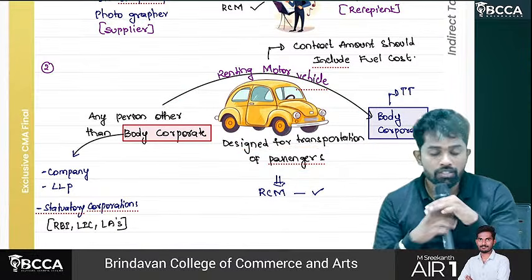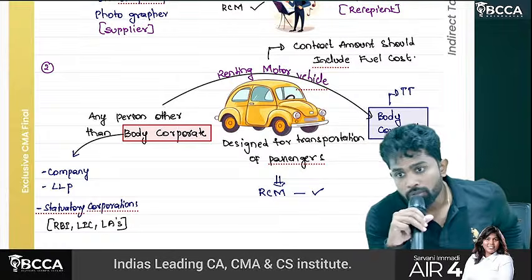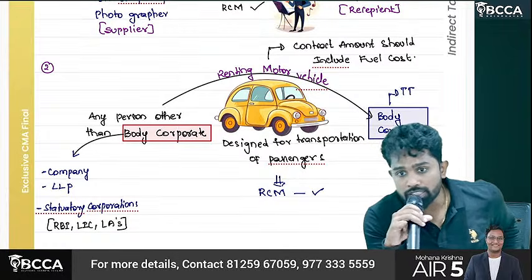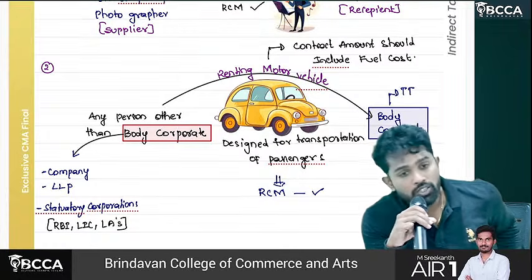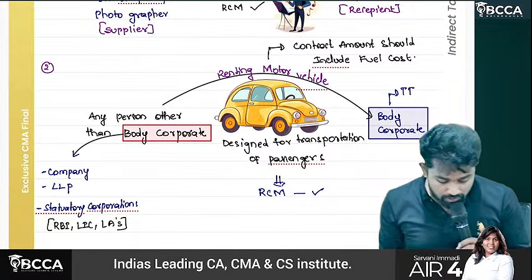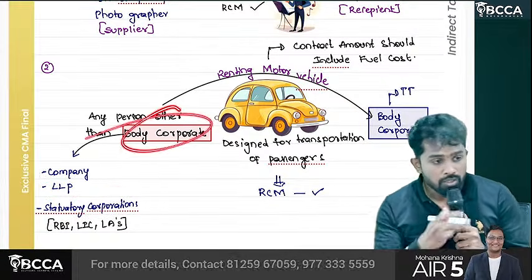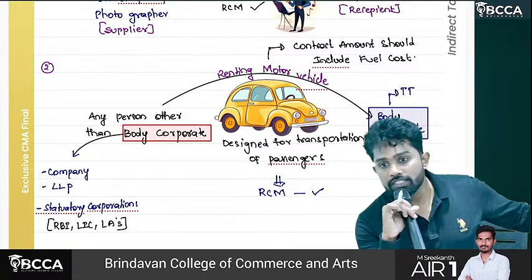Understand? What is called a body corporate? A company, LLP or statutory corporation, these are called body corporates. Who gives the rent? A person other than a body corporate. To whom? A body corporate.